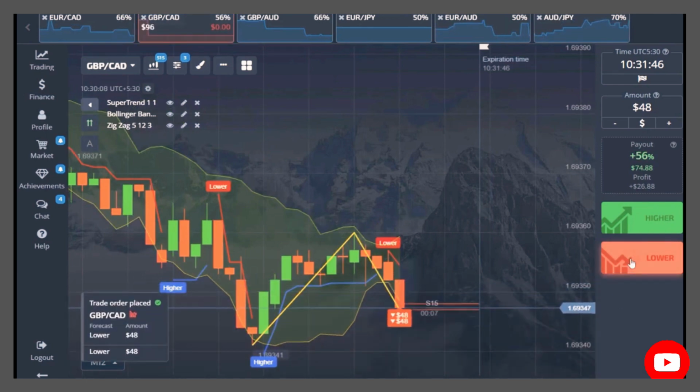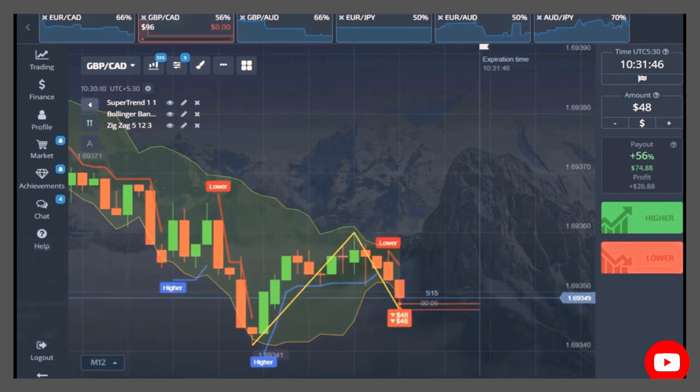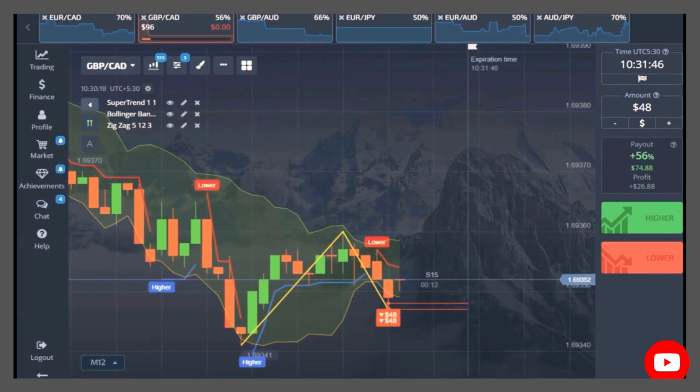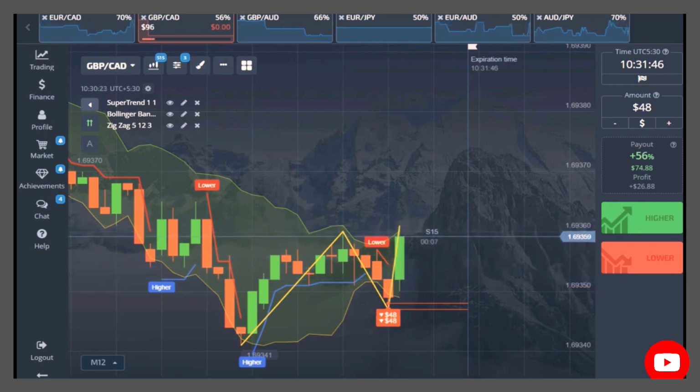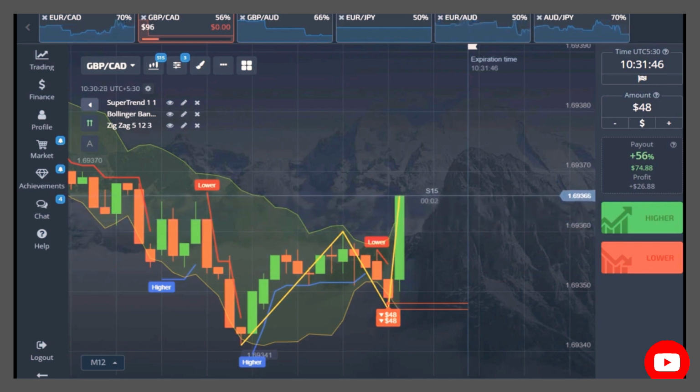Here we have a perfect sell trade setup according to our trading rules. The candle has touched the upper Bollinger Bands line, the ZigZag indicator line is above the candle, and we have received a sell signal from the Supertrend indicator. It seems that the previous trade resulted in a loss. To recover the lost amount, I have taken this trade for double the amount.